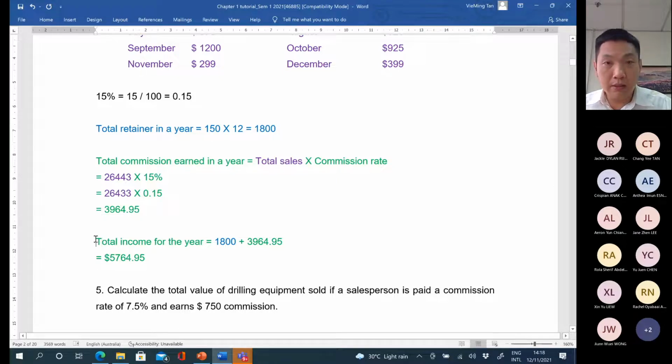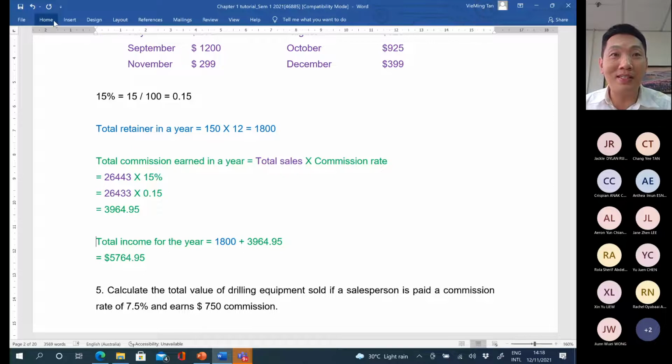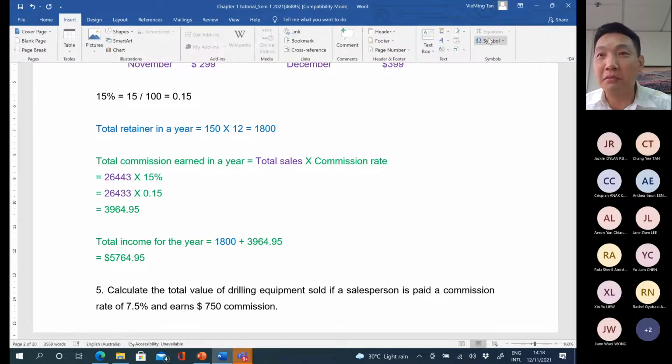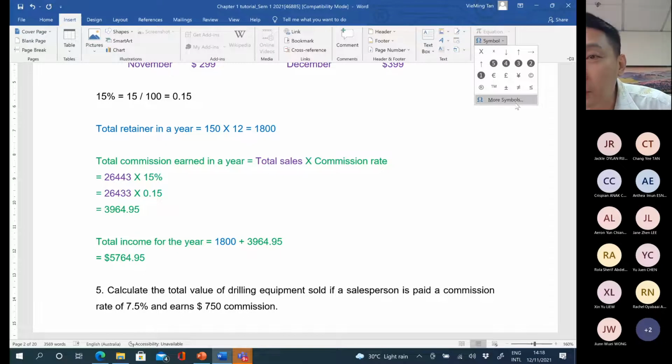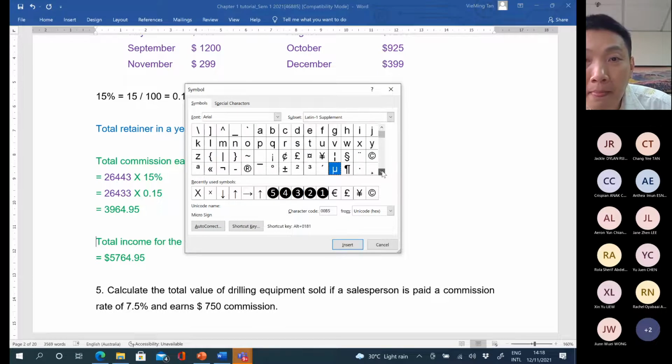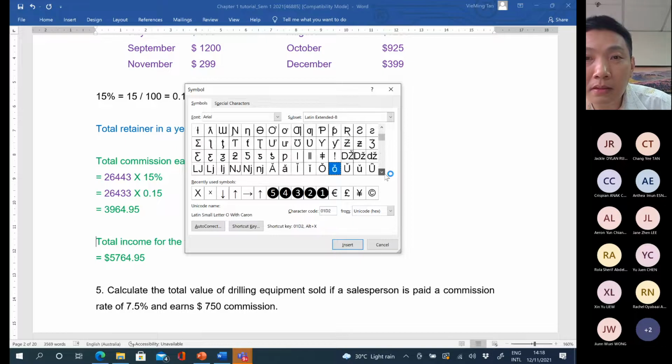Because this is the final answer, usually I prefer also to put the three dots to indicate this is my conclusion. Usually I like to use the three dots to indicate that it is the final answer.